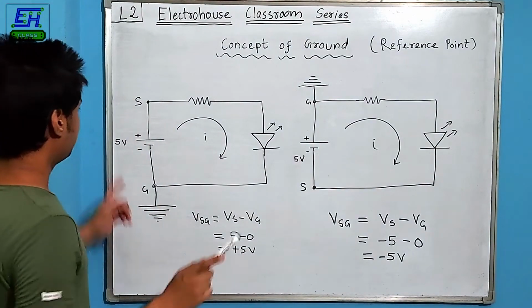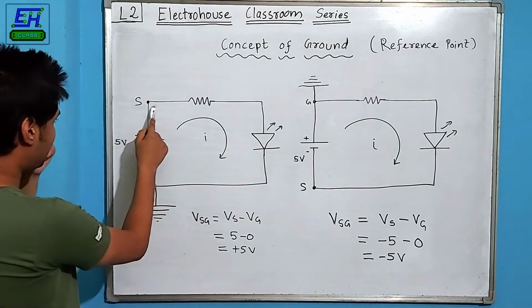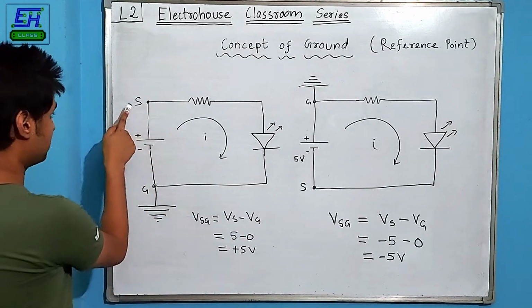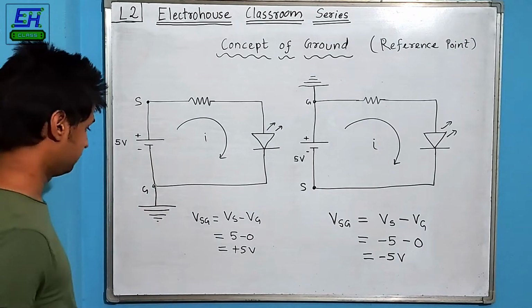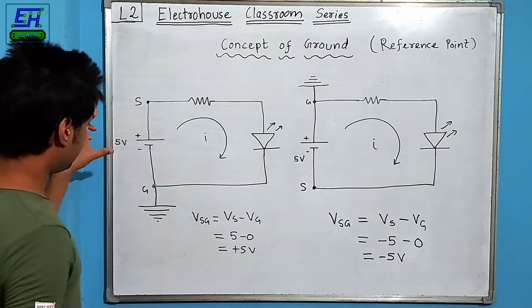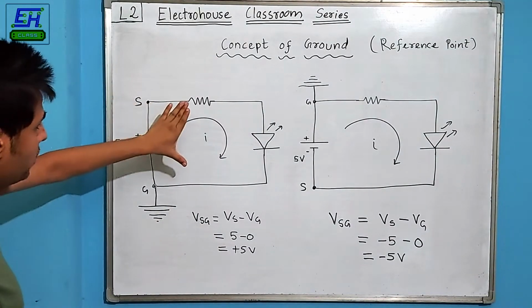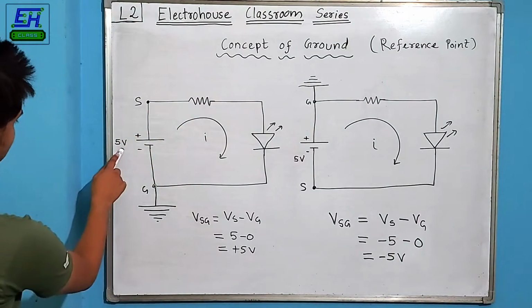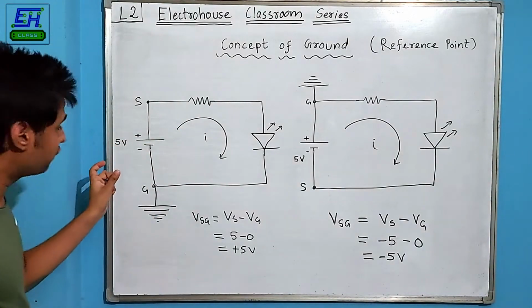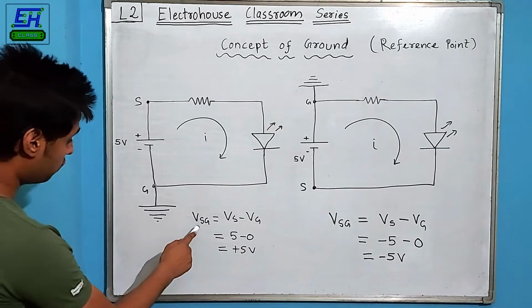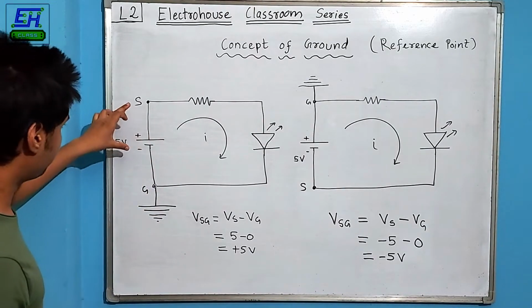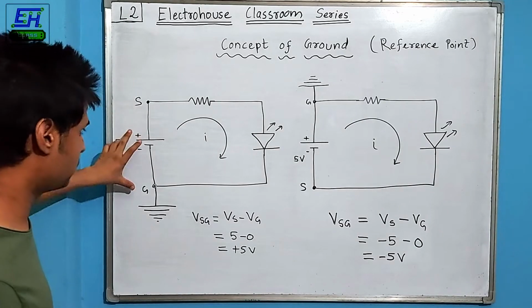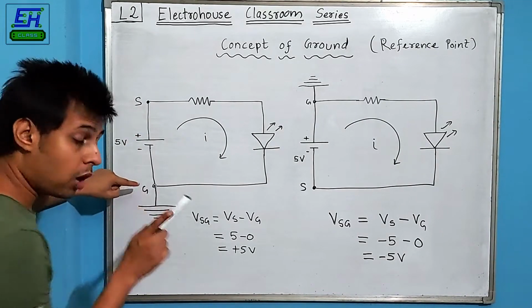But here the other terminal of the battery, let us denote it with S. It denotes the supply side of the battery. Here you can see that if you want to find the supply voltage that is coming here, 5 volts is the voltage rating of the battery that is given. So VSG. Now VSG is nothing but the potential difference between these 2 points S and G, with respect to G. And how with respect to G?